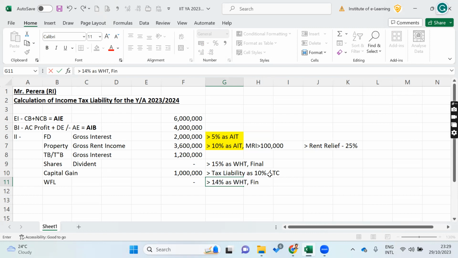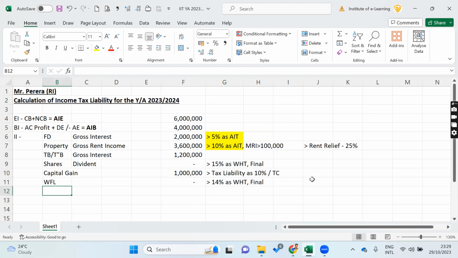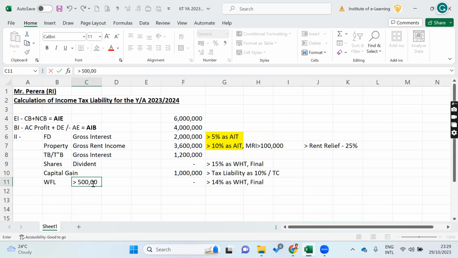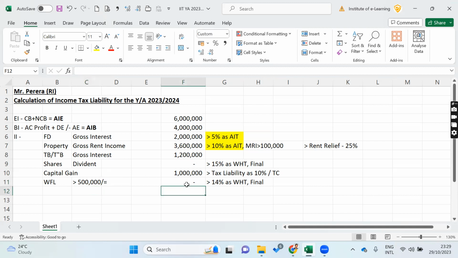It is final. If your lottery prize is more than 500,000, then definitely the government will deduct withholding tax. Then again, it will not be taxed. Below that is exempt, no need to consider.